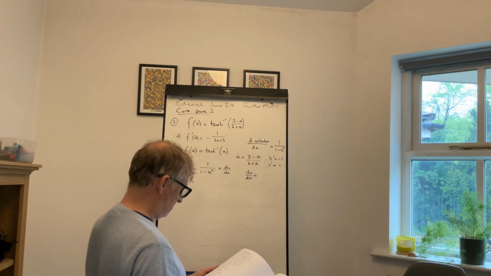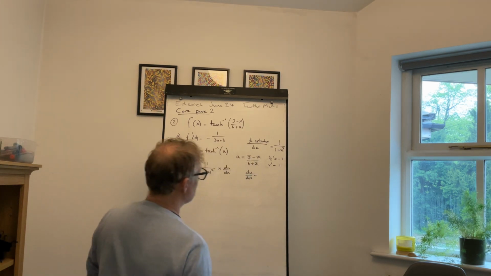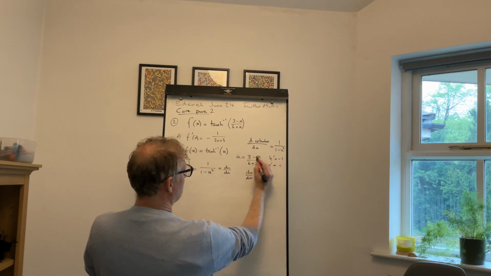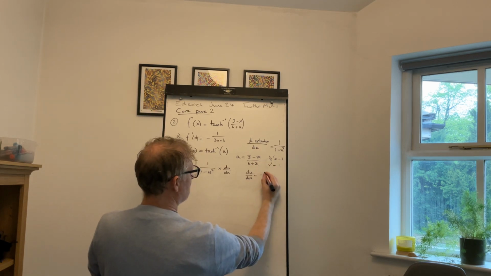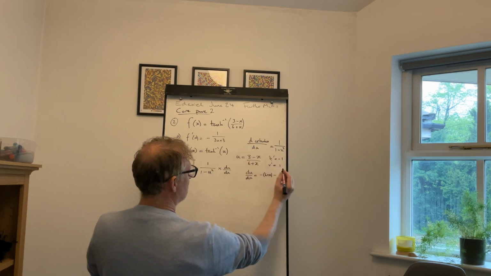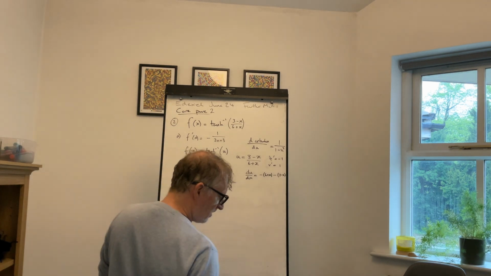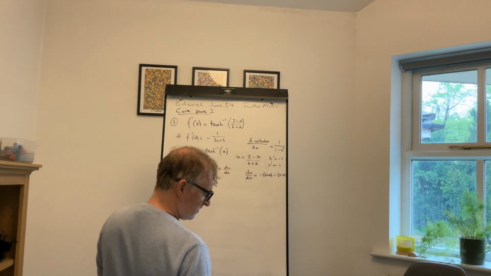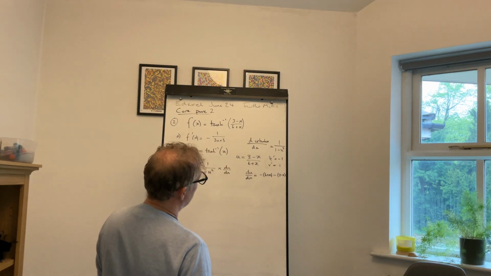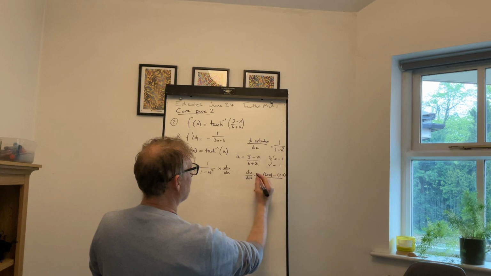It's u dash v: minus 1 times (6 plus x), so minus (6 plus x), subtract v dash times u, so subtract (3 minus x). That's right, isn't it? It's f dash g minus f g dash, over v squared. I'm so slow on this.